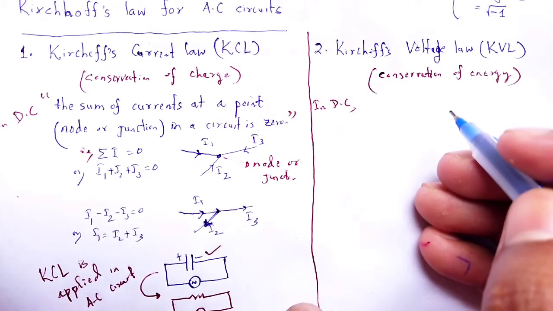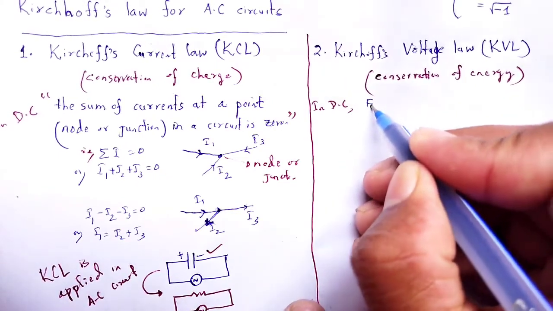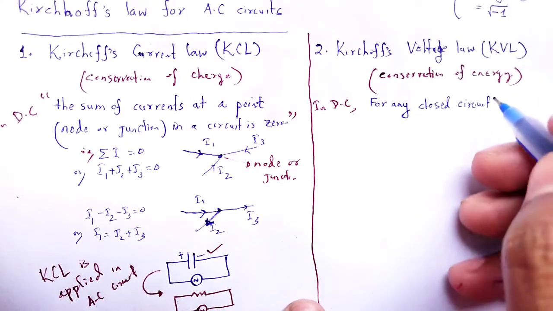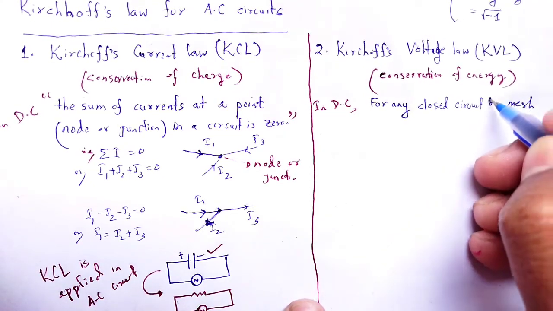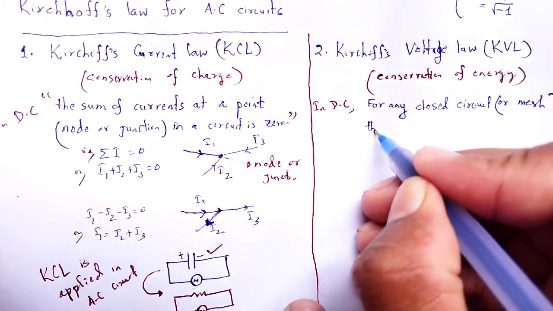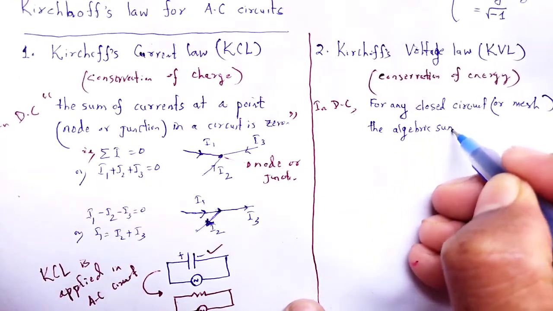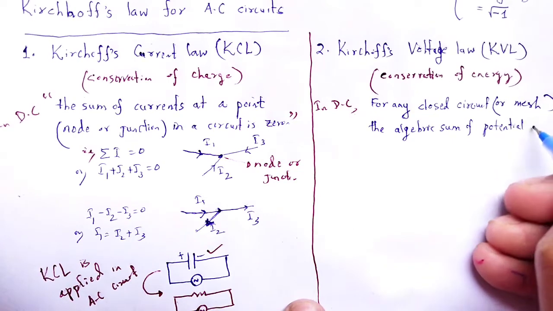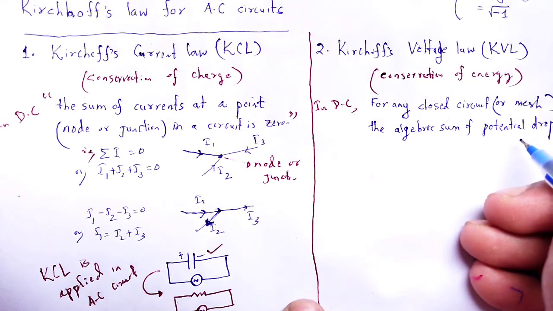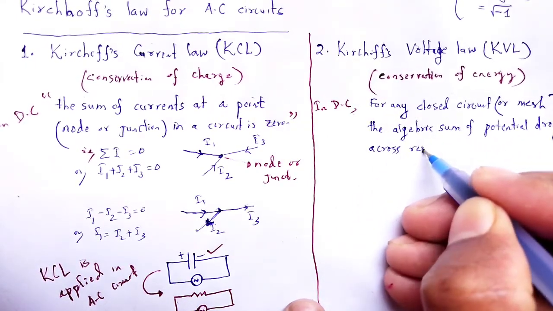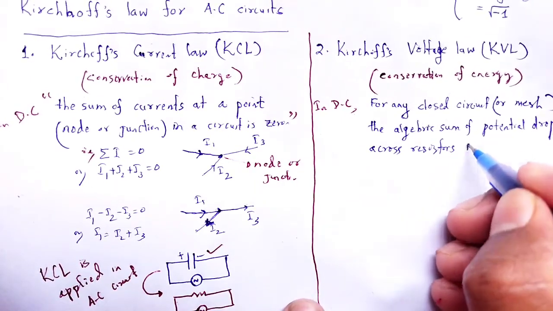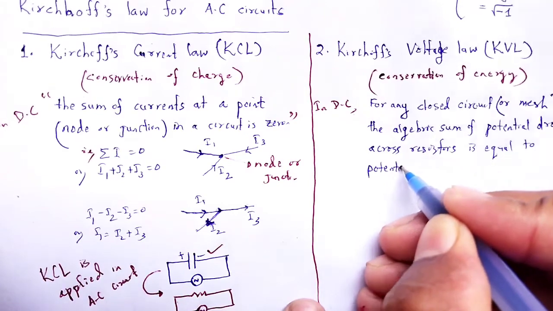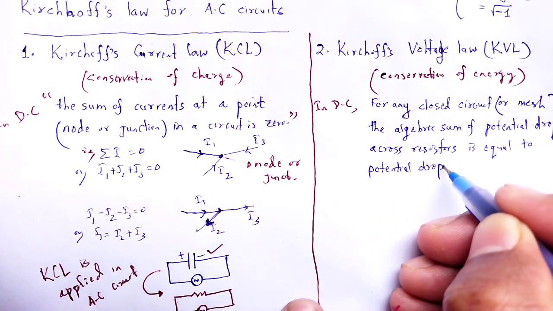In DC, for any closed circuit, or technically we say a mesh, the algebraic sum of potential drops across resistors is equal to the potential drop across the battery.